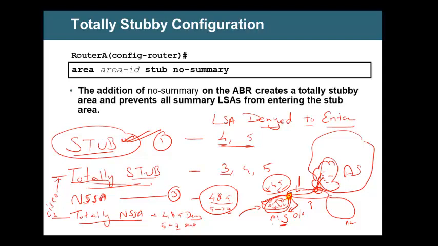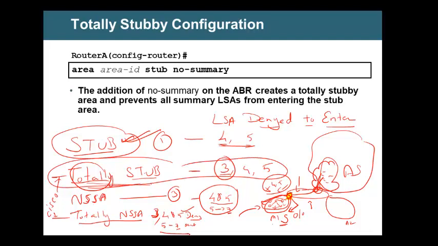Because when totally comes, what is denied additionally? Same story here also. So you see this one, same story, 3, 4, 5 denied. 5 is converted to 7. That is totally not so stubby area. Simply, not so stubby area is this first one, and 5 to 7 is allowed. That's all. You understood?